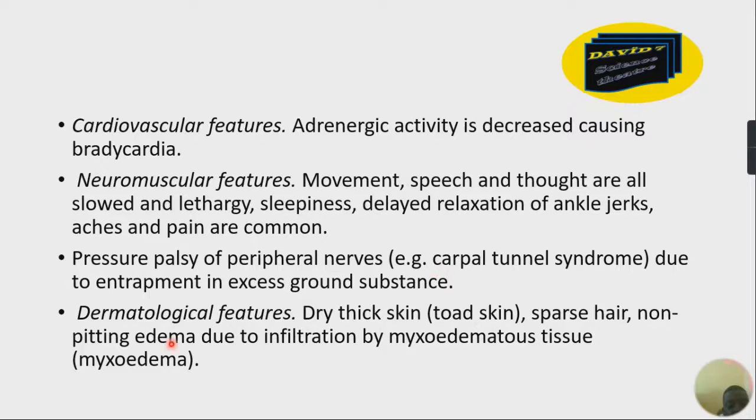Okay? And dermatological features will be dry skin, call it toad skin. It is dry and thick. The hair will be sparse, with non-pitting edema due to infiltration by myxoedematous tissue.